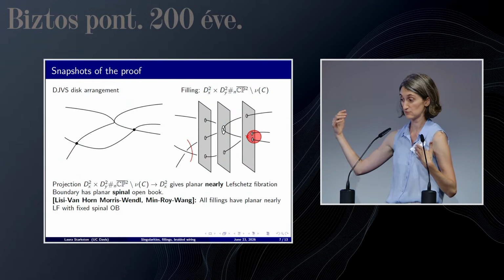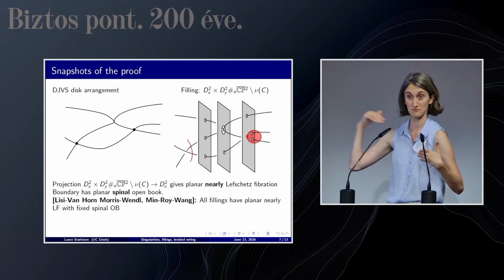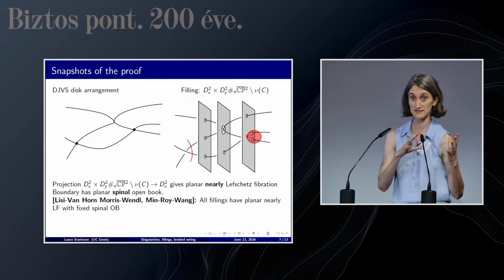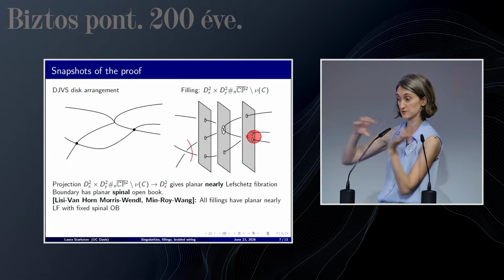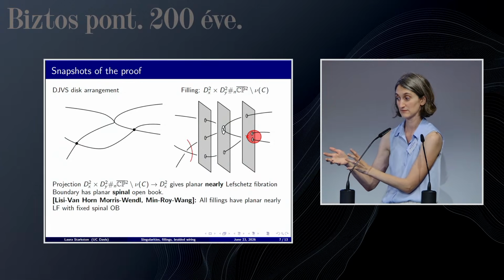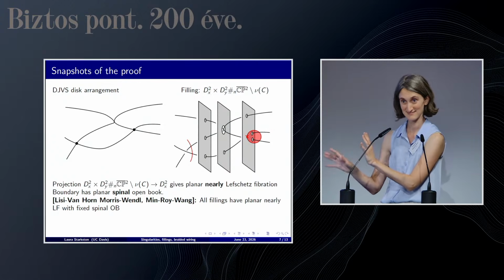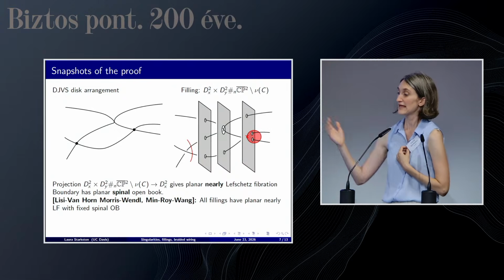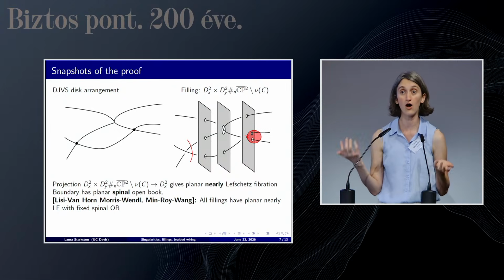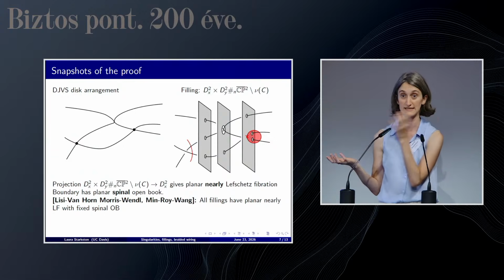Then we need to go in the backwards direction. From a disk arrangement, we've produced a symplectic filling. I've brushed under the rug some details about why the contact structure is the one that we want it to be, but it is. Now we want to say that all of our symplectic fillings actually arise this way.